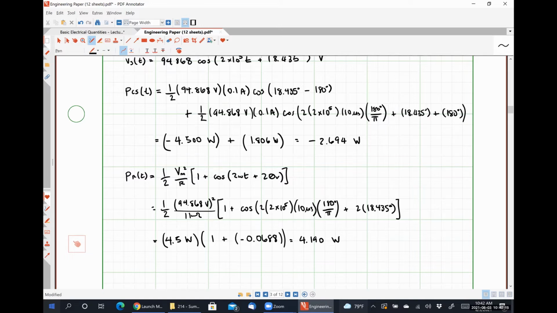All right. So before we calculate the power absorbed by the inductor, and we can do it a long way or a hard way, let's look at what's happening here, okay? If our resistor is absorbing 4.190 watts of power, and our current source is only supplying 2.694 watts of power at this particular time, our expectation is that our inductor needs to be supplying the remaining amount of power, right?